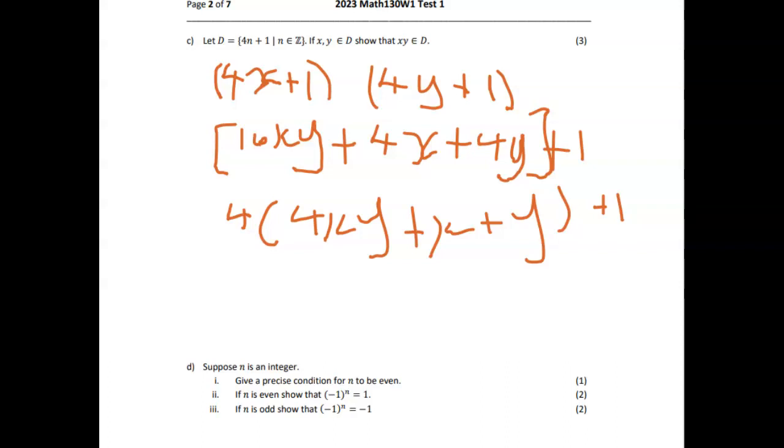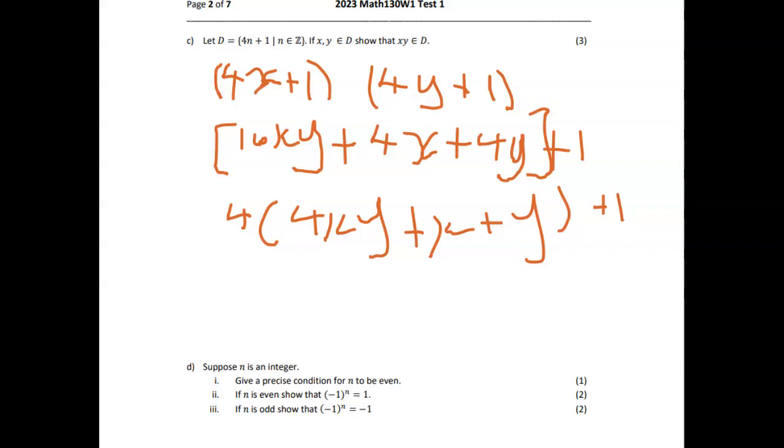So you basically prove that this xy is an element of D, because this is the formula to get 4n plus 1. So if this is 4n plus 1, you show that x times y is an element of that. It will produce this. So now you can say 4xy plus x plus y is an element of integers.